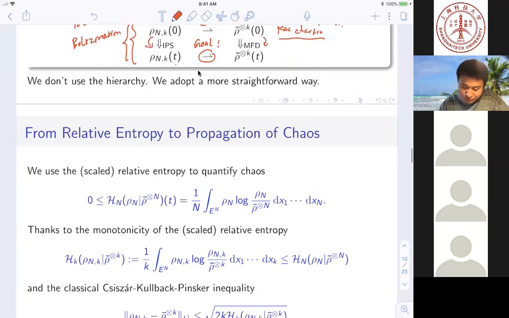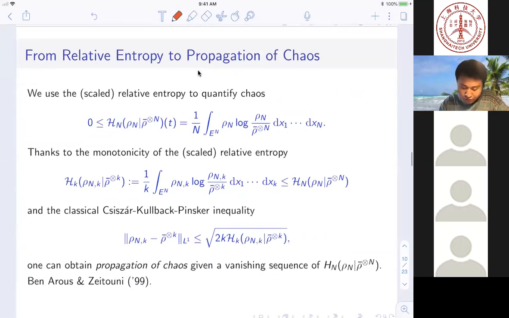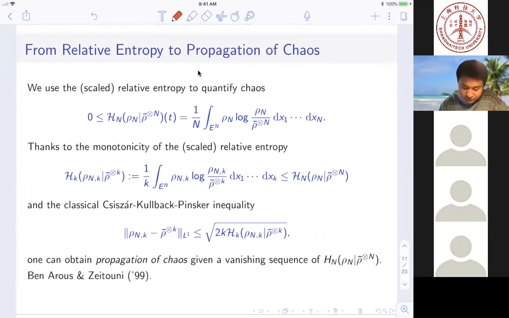Okay, so what is our tool? We use a basic quantity which is used everywhere, relative entropy. We scale this relative entropy by n, so then this becomes order one. When I say this becomes order one, it means the following.